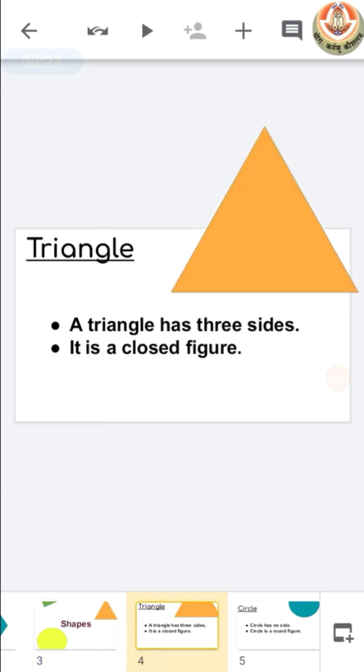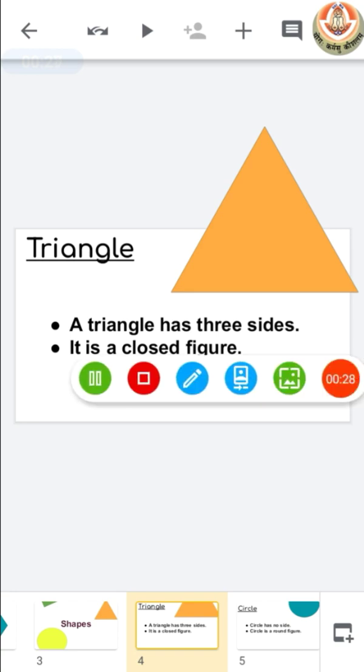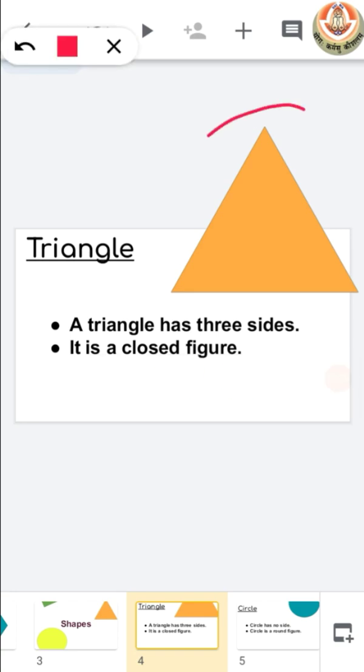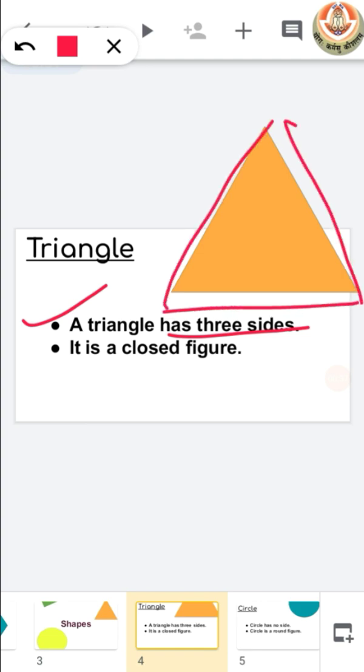The first shape is a triangle. As you can see here, we have a triangle. So that means a triangle has 3 sides. How many sides does a triangle have? A triangle has 3 sides and it is a closed figure.